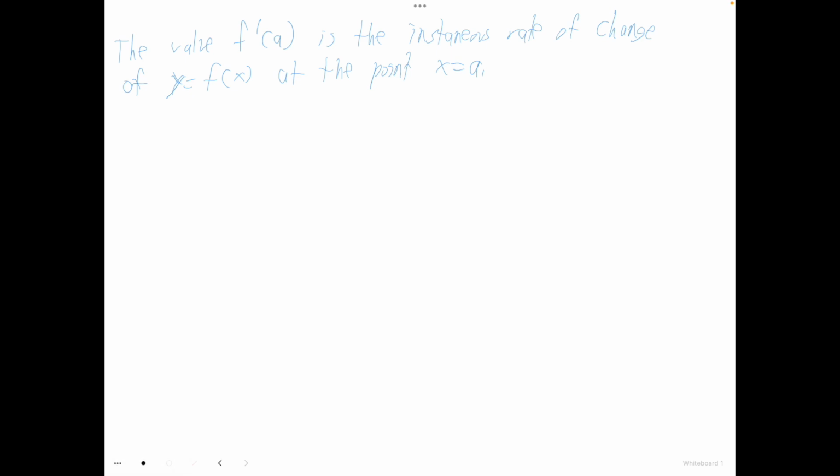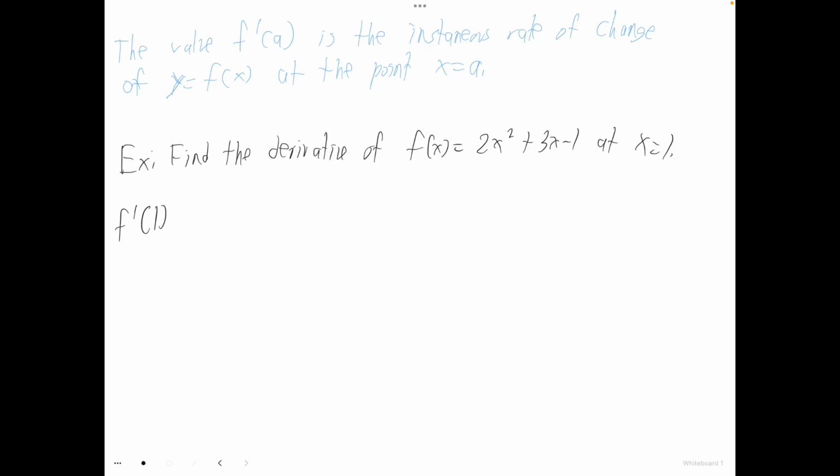So let's look at one more example of computing, now writing it in derivative notation. We want to find the derivative of f of x equals 2x squared plus 3x minus 1 at x equals 1. So we want to find f prime of 1, which is just the limit as h goes to 0 of f of 1 plus h minus f of 1, divided by h.